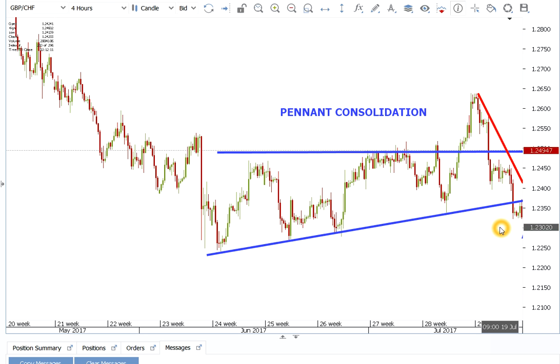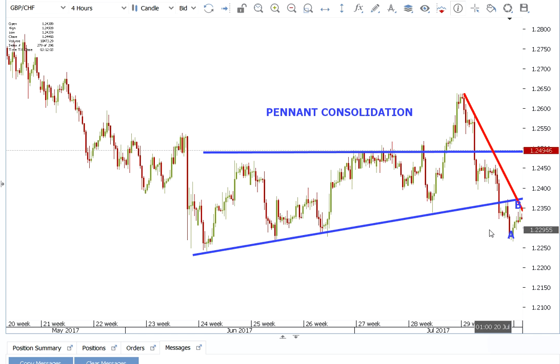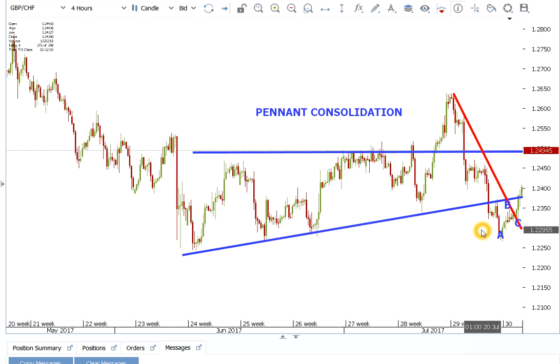However, instead of continuing this reversal in favor of the Swiss franc, the market reversed once again and provided us with this ABC reversal signal to indicate a potential movement back inside of the consolidation.